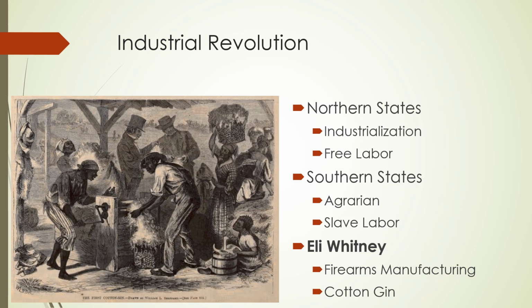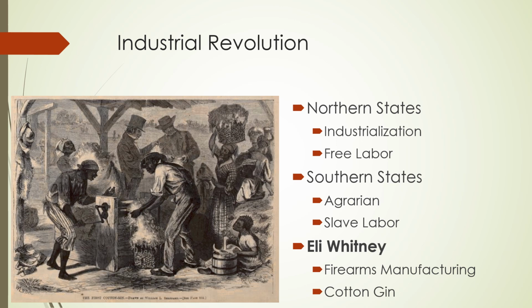The only cotton you could make money off of was long staple cotton, and that only grew in a very few select areas. Eli Whitney fixes this problem by inventing the cotton gin. The cotton gin takes the human labor out of the equation of cotton production when it comes to picking out the seeds.